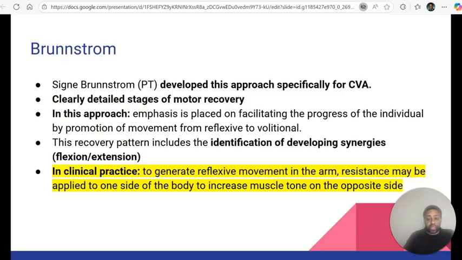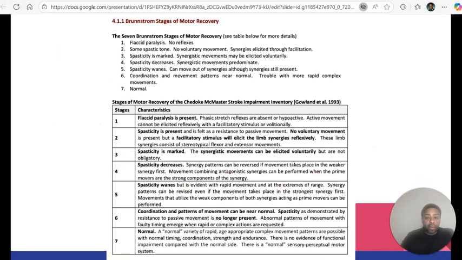Oftentimes the synergistic movement is internal rotation, elbow flexion, wrist flexion, and finger flexion. Then the person starts to break out of this synergy and gets more volitional motor movement. So these are the different stages of Brunnstrom.